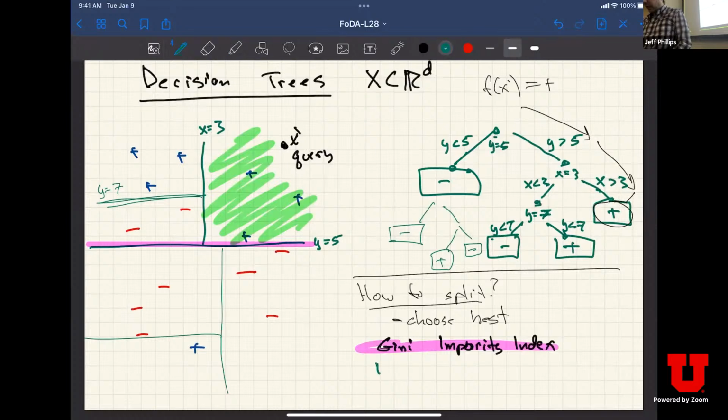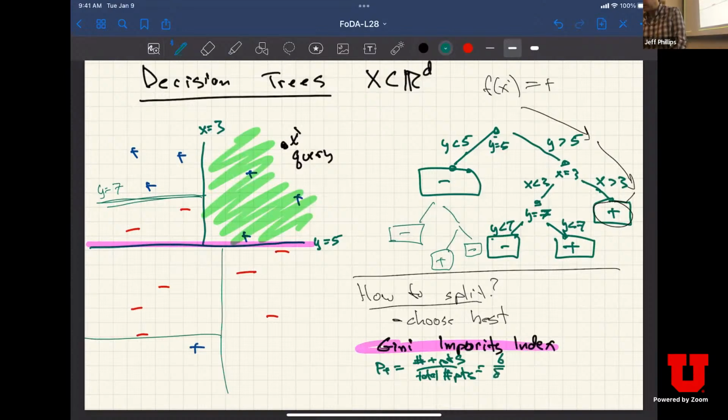P plus is going to be the number of plus points divided by the total number of points. This is going to be 6 in the top part, so 6 divided by 8.